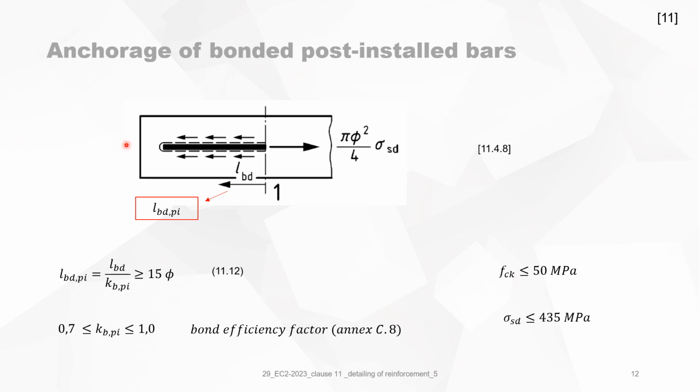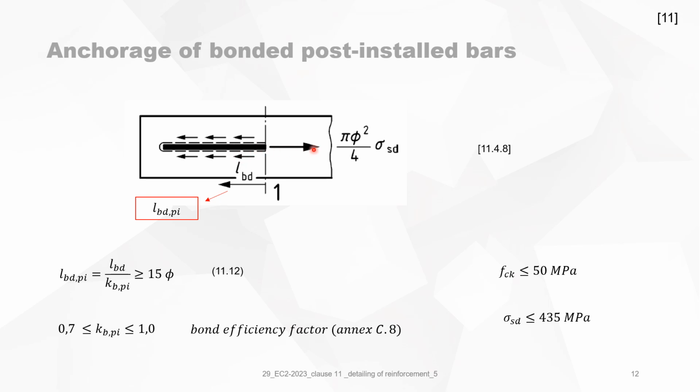Finally, the anchorage of bonded post-installed bars can be interesting when you have an existing building and some new elements will be built next to it, or then you also need some anchorage of bonded post-installed bars. Control section 1, you have LBD. I prefer not to call it LBD to avoid confusion, but call it LBD pi.